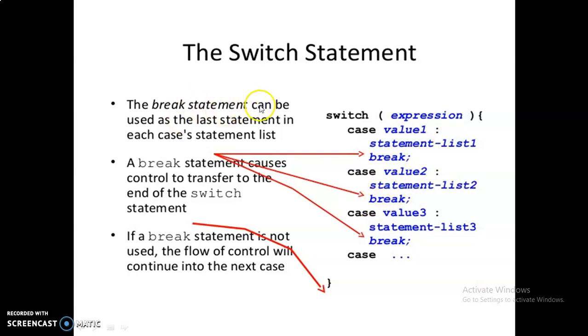Okay, so the break statement can be used as the last statement in each case statement list. A break statement causes control to transfer to the end of the switch statement. It stops that execution and goes to the next statement immediately after the switch case. If a break statement is not used, the flow control will continue to the next cases also.